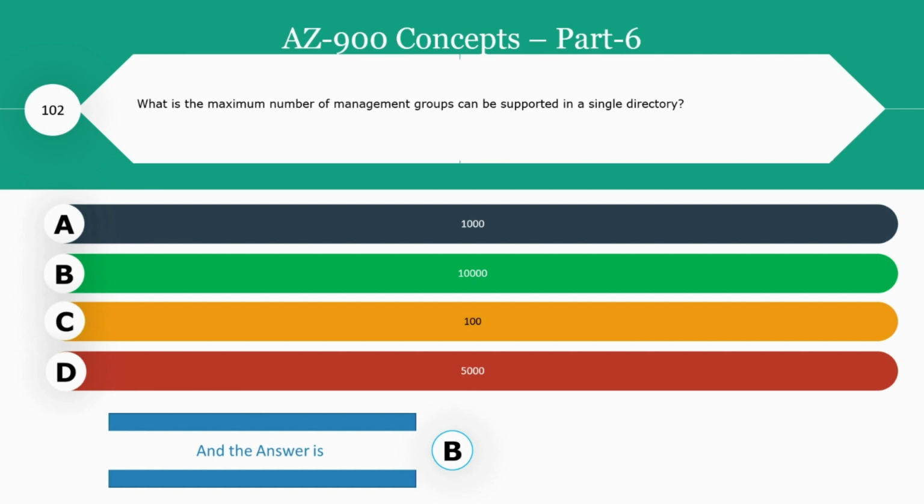Please note, it will be difficult to remember the number related answers for all the questions, something like the number of VMs, number of resource groups, number of resources inside a resource group, all such stuff. There is no need to remember everything, only the key questions that you should focus on and remember those numbers.